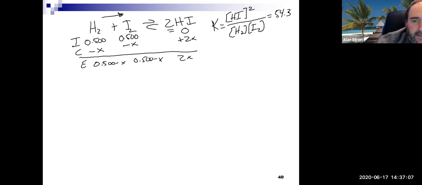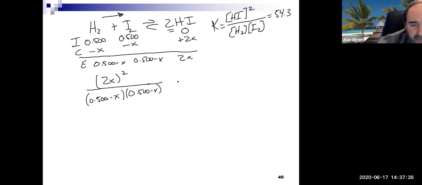Just like we talked about before, we take our equilibrium values and put them into that expression. That gives us 2x squared divided by 0.5 minus x times 0.5 minus x, which equals 54.3.